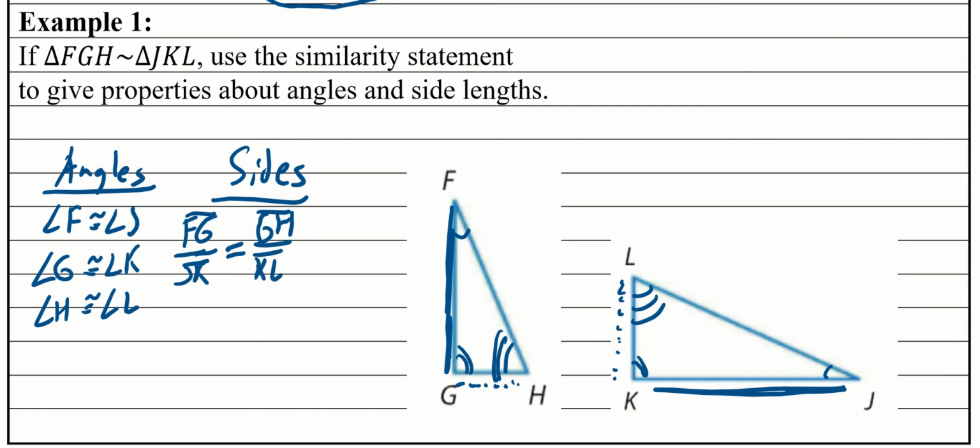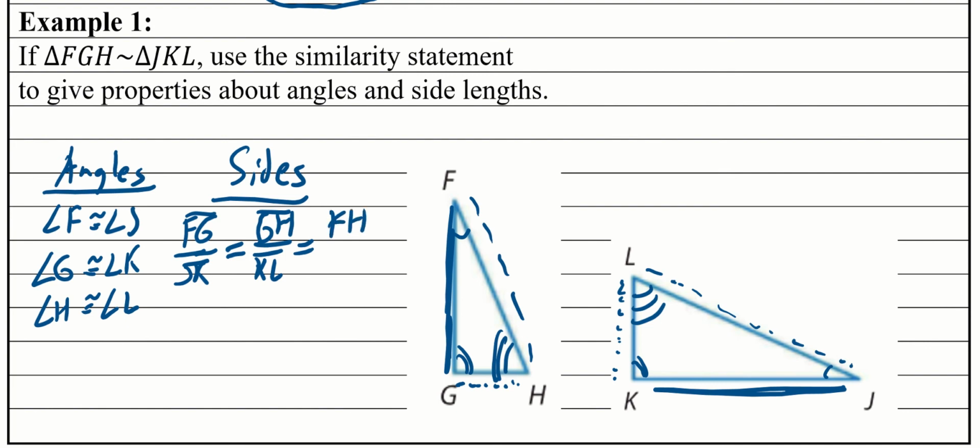So this is what a proportion is, or this is what it means. It's saying the same difference between FG and JK in terms of how much bigger one is to the other is the same kind of separation as GH and KL, which is also the same thing as the last pair of sides here. So if I look, FH and JL would be my last two sides.